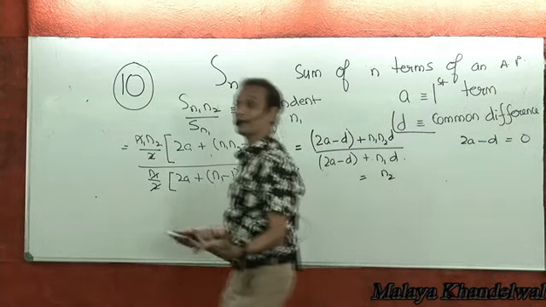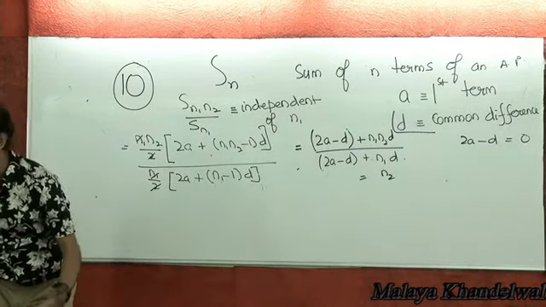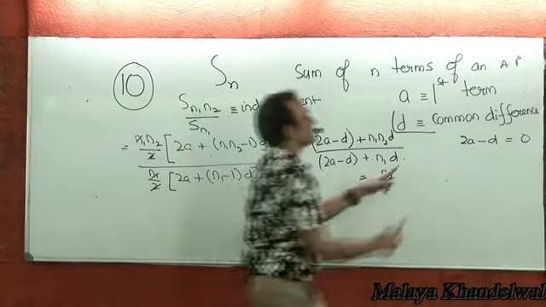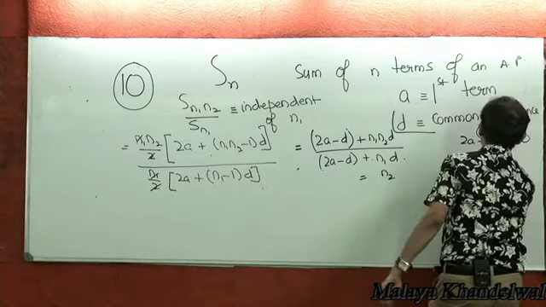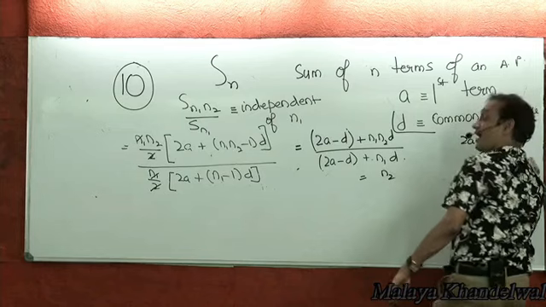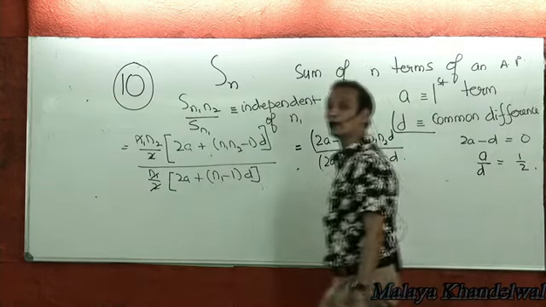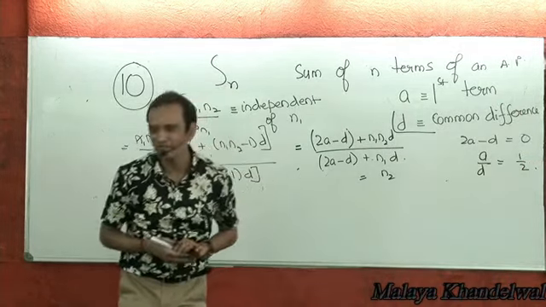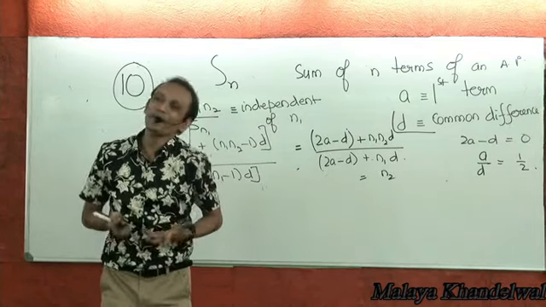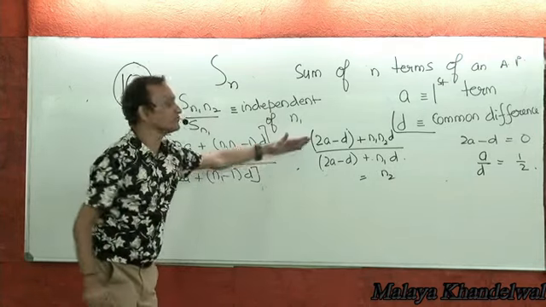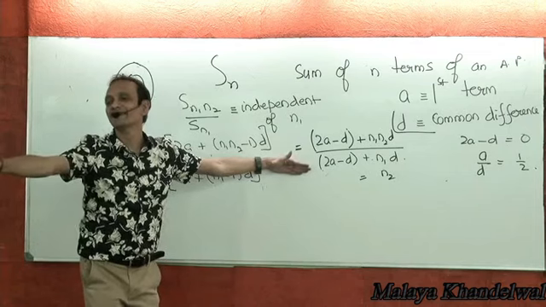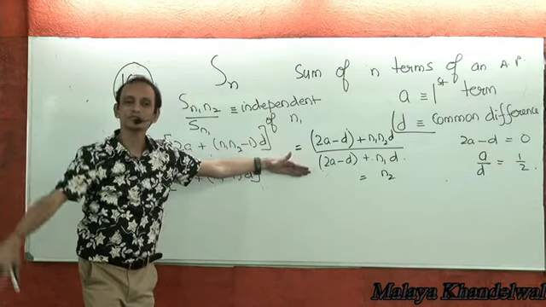The expression would have become independent of n1. That means if 2a minus d is 0, a by d would be half. 2a is d, so a by d would be half. So if a by d was half, this expression would be deemed independent of n1. Yes or no?